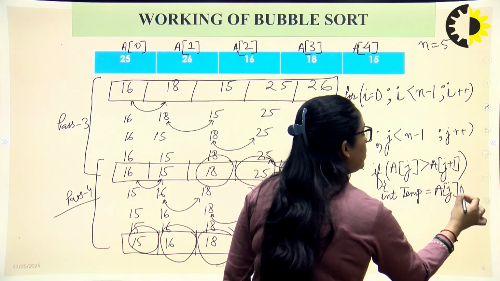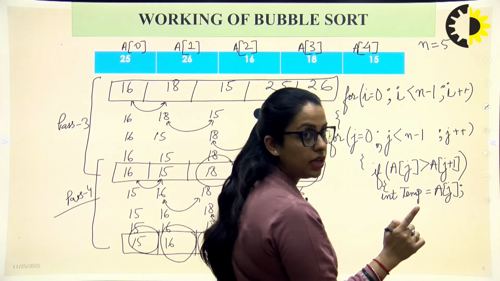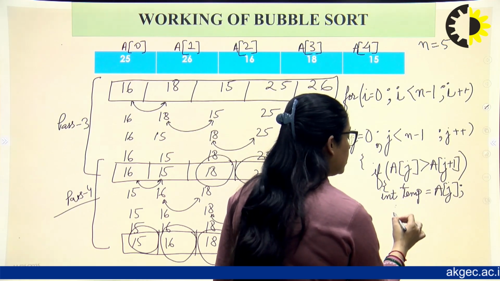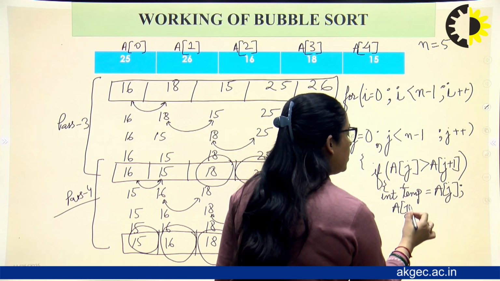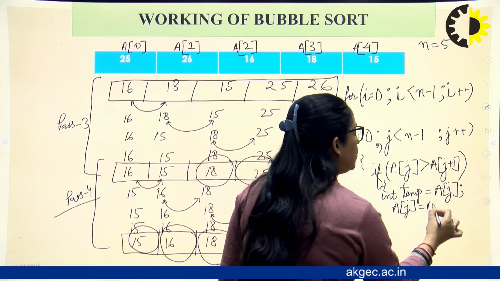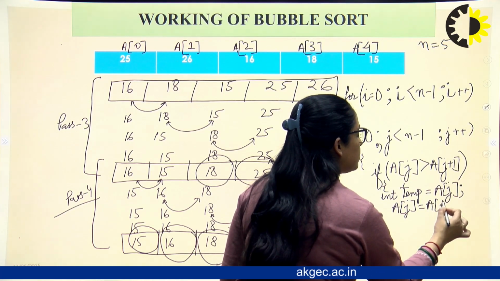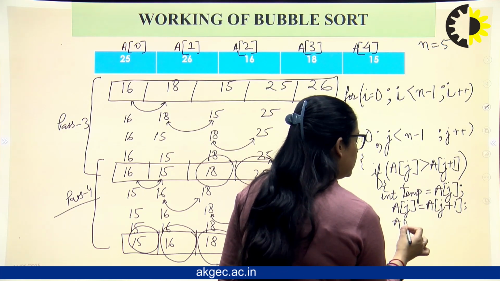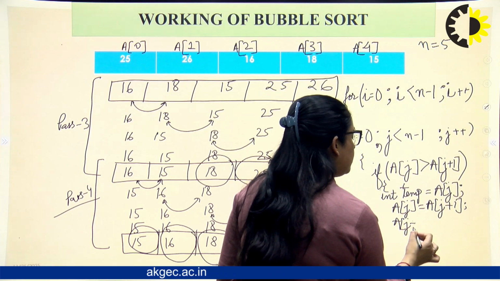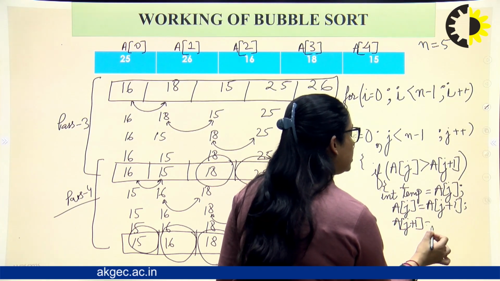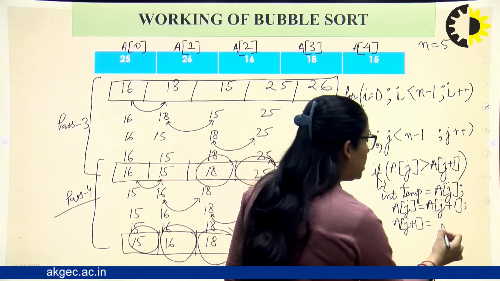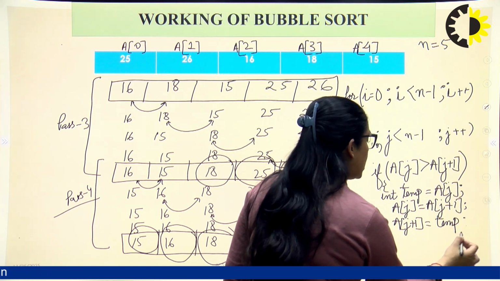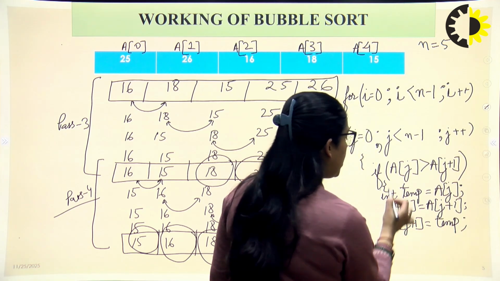We will write the value of aj into the temp variable. Then in aj we are going to write the value of aj plus 1, and after that we are going to insert the value of temp in aj plus 1. That is the logic of swapping.